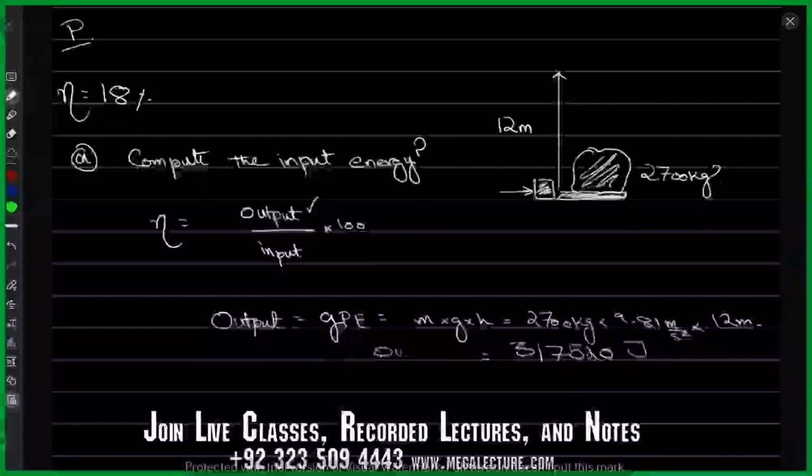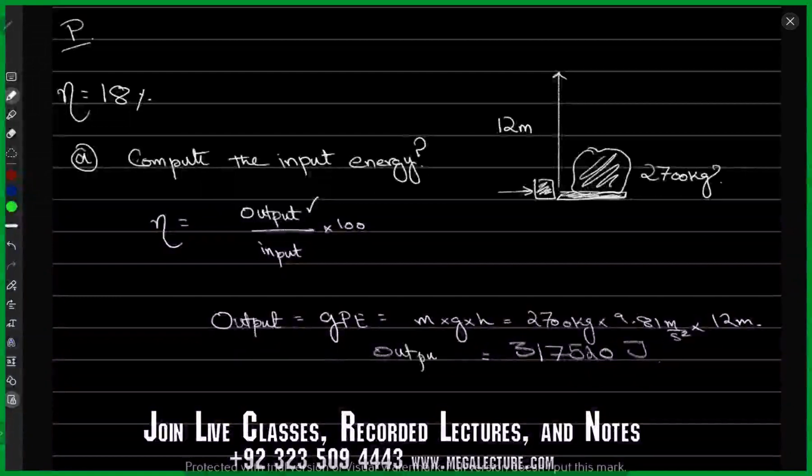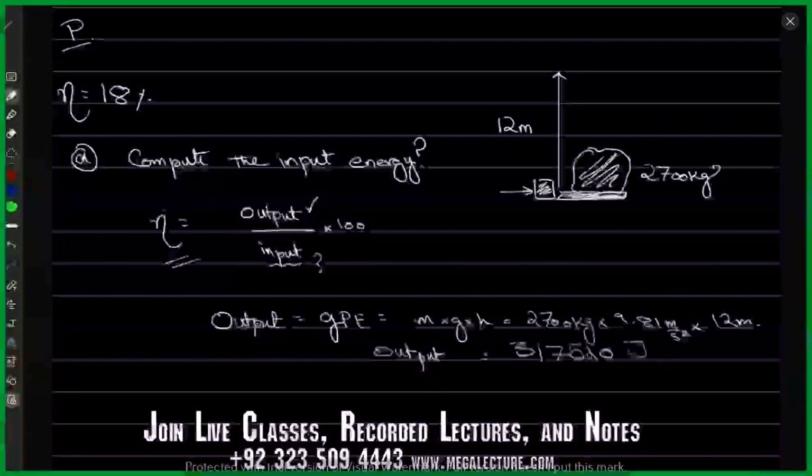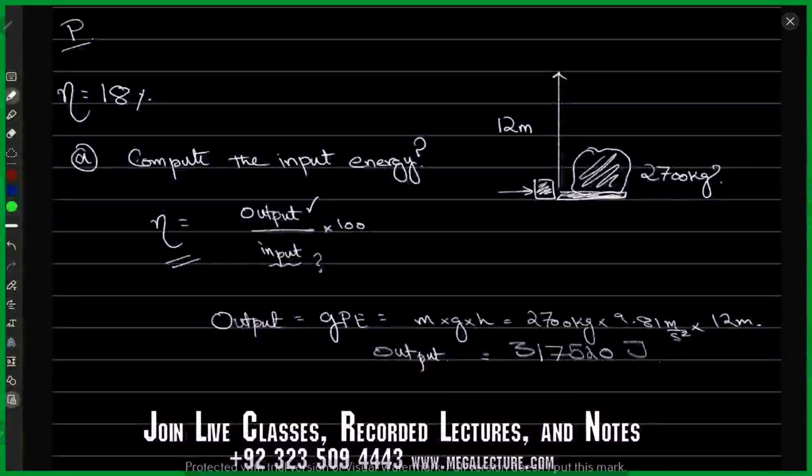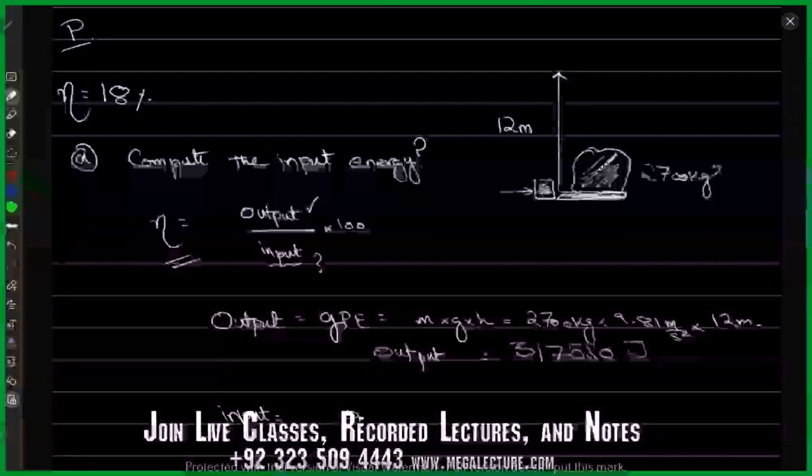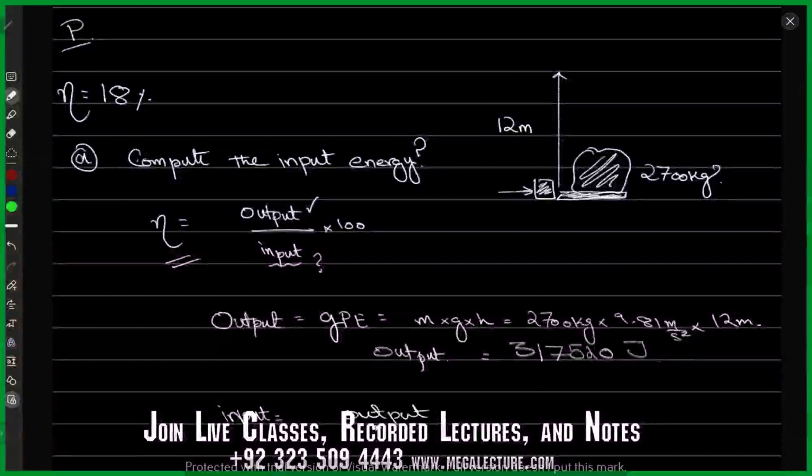Now I can put this value in this expression. What is left? The input, which we want to compute. We are given the efficiency, so everything else is given and just one variable is missing, so you can rearrange the equation for that. So the input energy from the petrol is the output divided by the efficiency times 100.